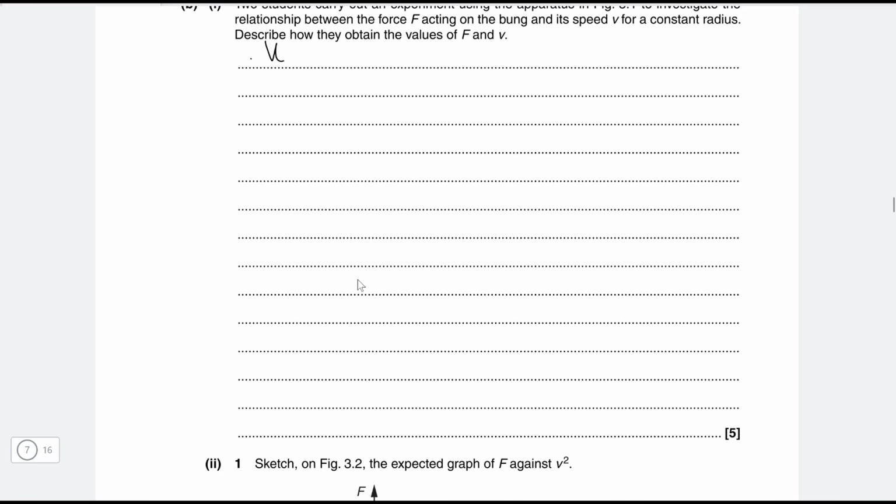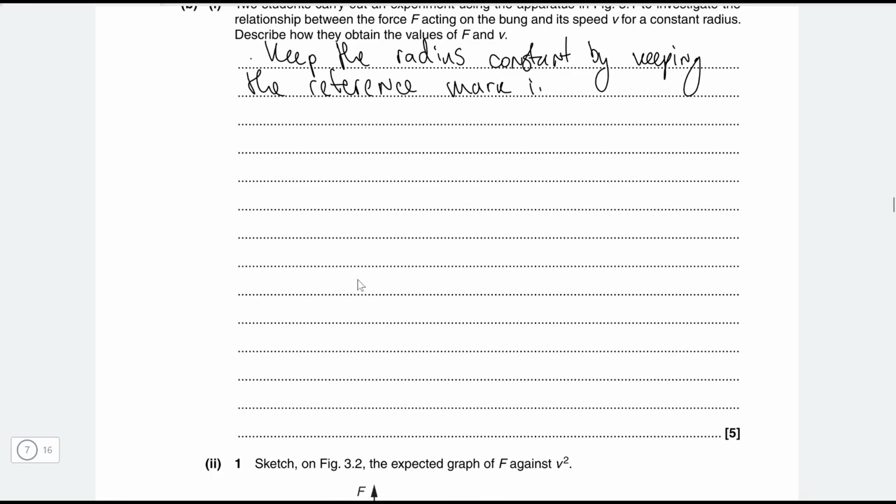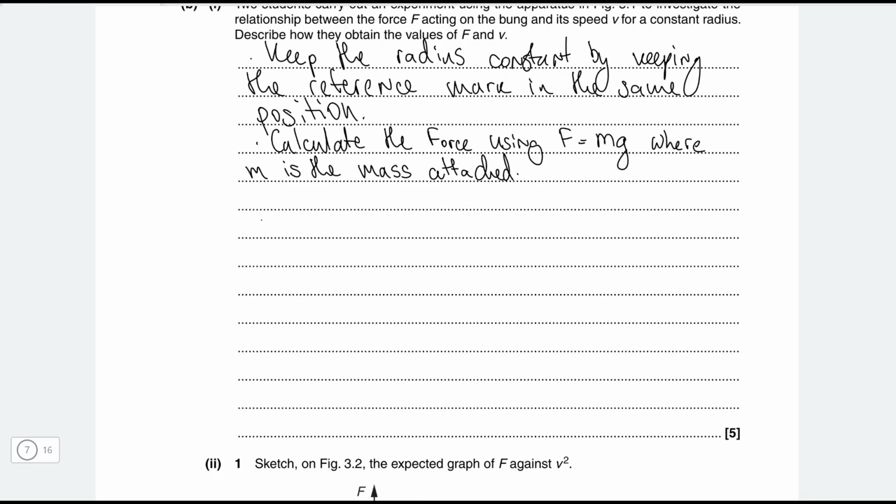Keep the radius constant by keeping the reference mark in the same position.